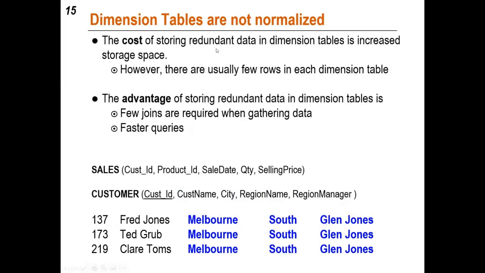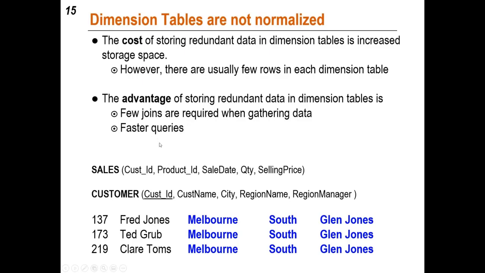If you think about the cost-benefit analysis of this redundant data storage, it is quite okay, because the cost of storing redundant data is actually quite low in today's world because of the improvement in technologies. And the main advantage of redundancy is that we have fewer joins, then we can have faster queries.